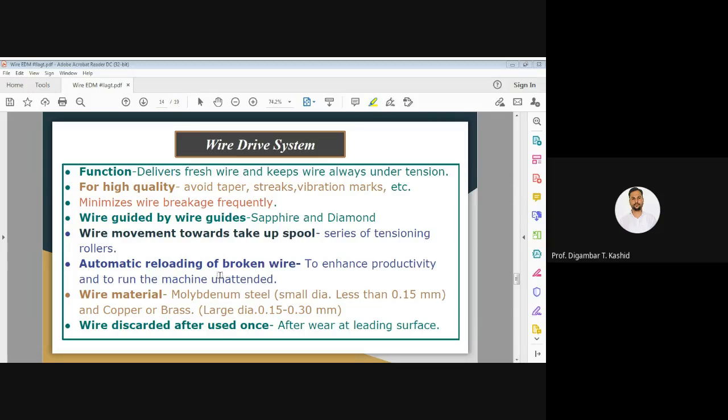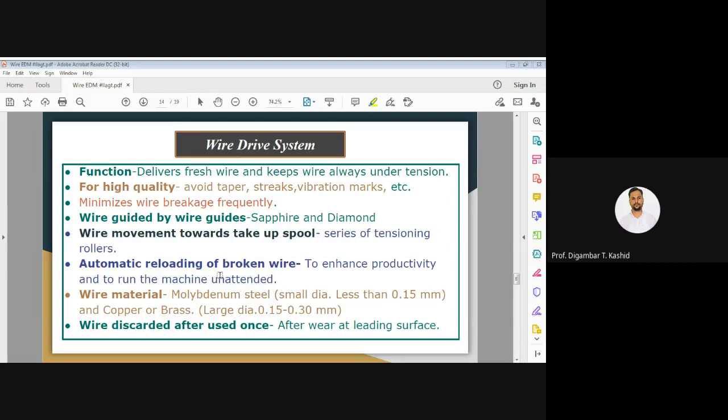So this wire EDM system is actually fully automated. It comes with automatic reloading of the broken wire, during your machining, to make the machining process unattended. So you need this automation.